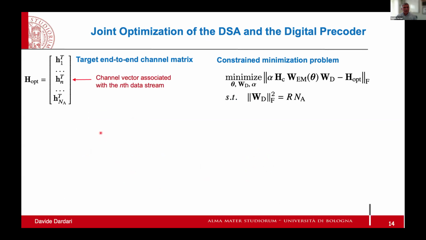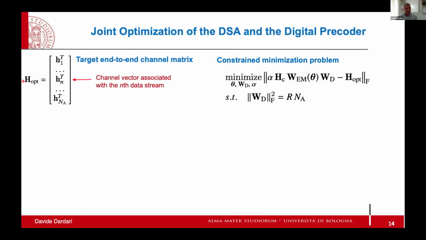In particular, as I mentioned at the beginning, we want to obtain a multifunctional response. So, for instance, we can define a target end-to-end channel for each input signal. For instance, H1 denotes the channel response between X1 and the observation vector Y, H2 indicates the end-to-end channel relationship between X2 and the observed vector, and so on and so forth.